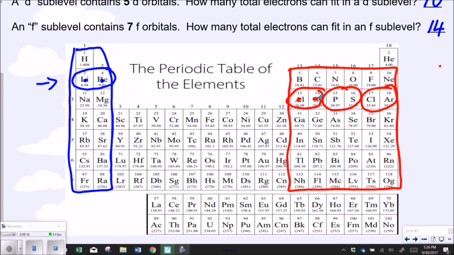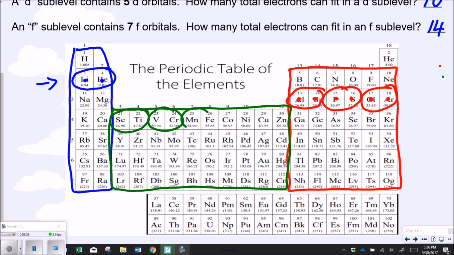So 1, 2, 3, 4, 5, 6 electrons. Go to my D block over here. Now pick an energy level. I would have 1, 2, 3, 4, 5 orbitals with 10 electrons. Finally, the F block, 7 orbitals, 14 electrons.